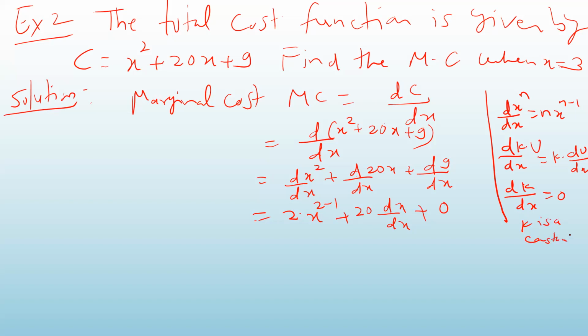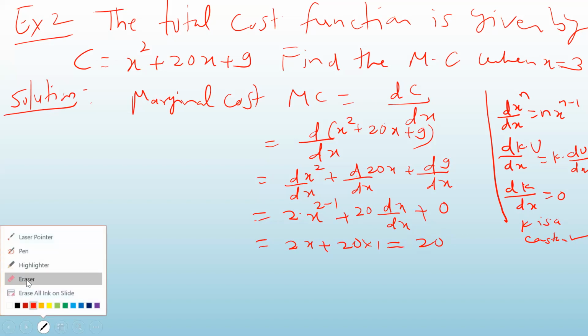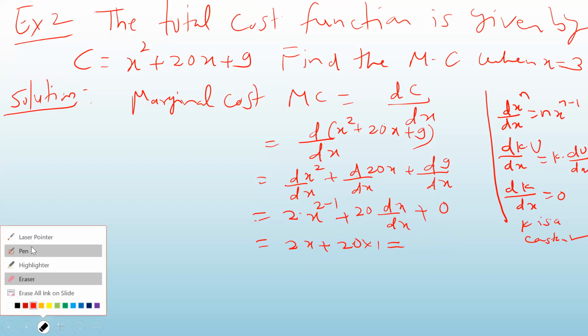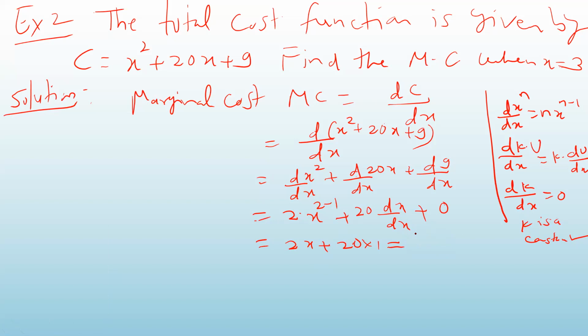So its derivative is 0. So what we got? 2x plus 20 into 1. Derivative of x is 1. So 2x plus 20. So marginal cost is 2x plus 20. Okay.